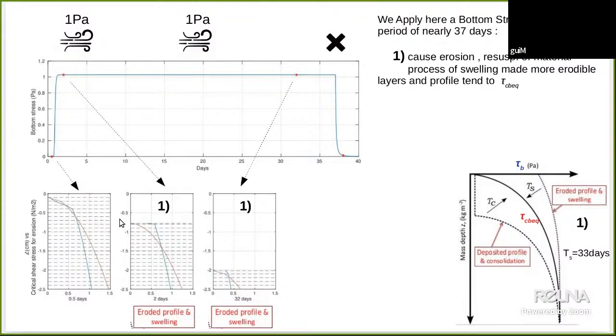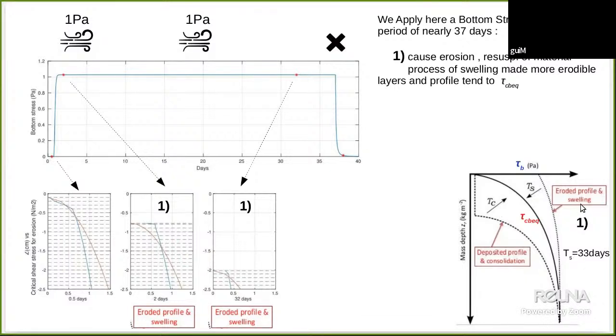And so it's slightly the same as the previous test case. What happened here, you see that we have a loss of material. That means that there was erosion again, on the fluid, on the column of water above. And we see that there is a different profile of the critical shear stress for erosion computed in relation with the scheme.